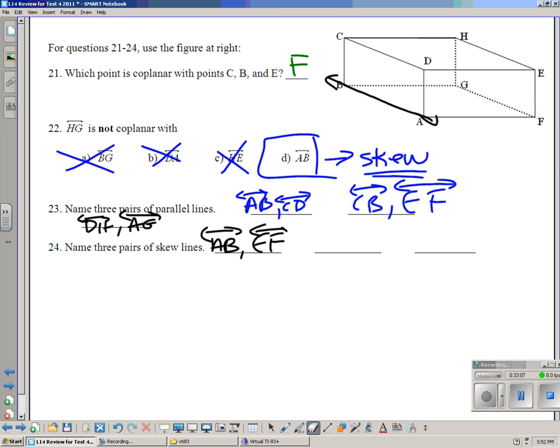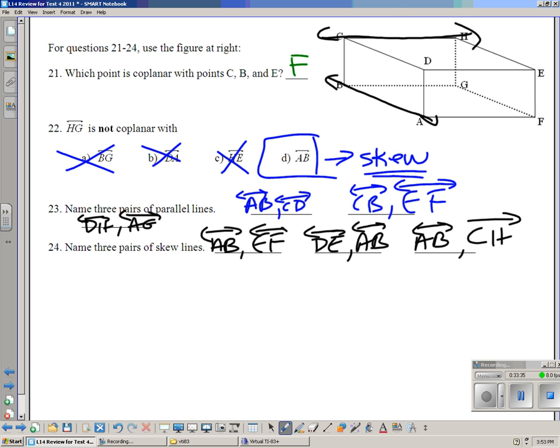Another skew line could be D to E. D to E is in the front of the box at the top, going side to side, and AB is going front to back. They will never meet, and they're certainly not parallel. I'll just keep AB fixed, and CH would be another line that would be skew to it. Because A to B goes front to back, C to H is on the top going sideways. They will never meet.